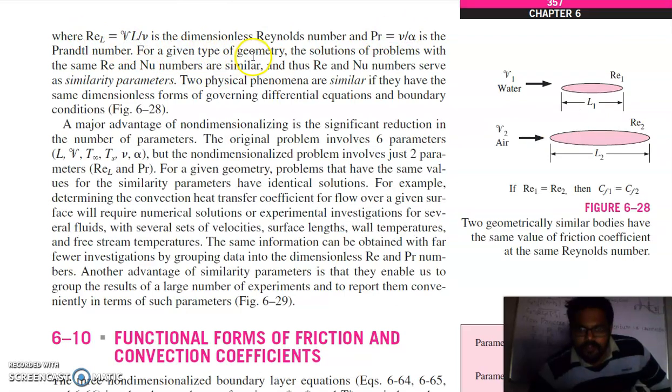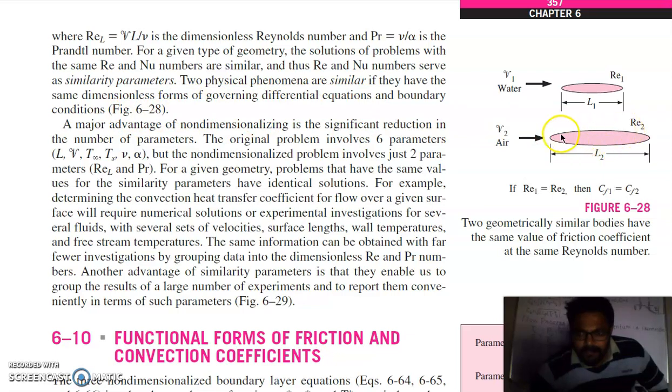For a given type of geometry, the solutions of problems with the same Reynolds and Prandtl number are similar, and thus Reynolds number and Prandtl number serve as similarity parameters. So two physical phenomena are similar if they have the same dimensionless form of governing equations and boundary conditions.